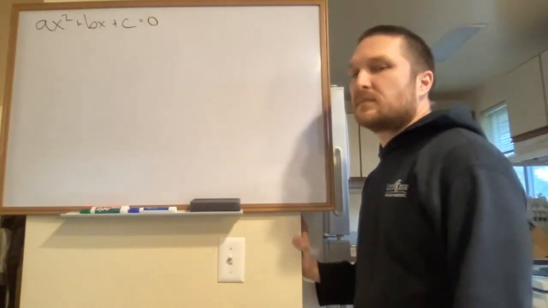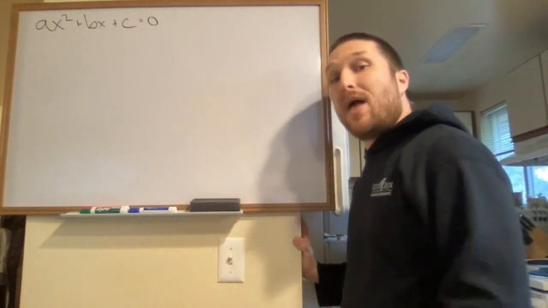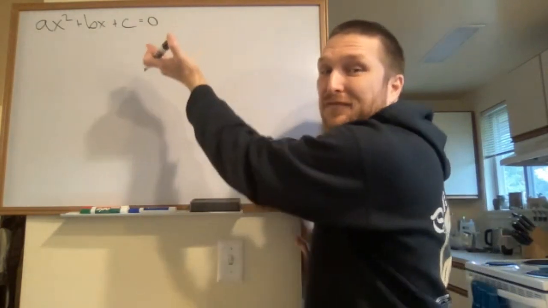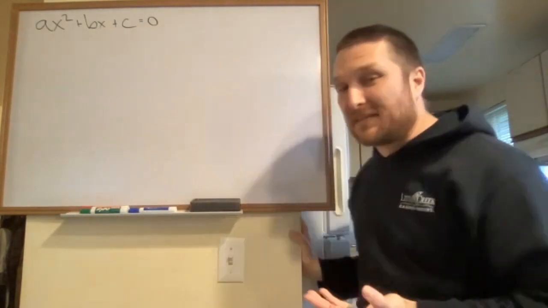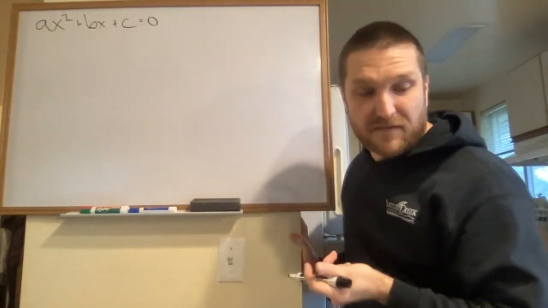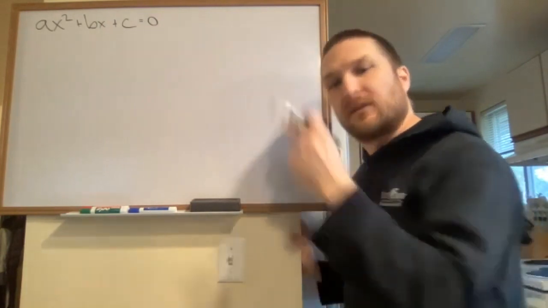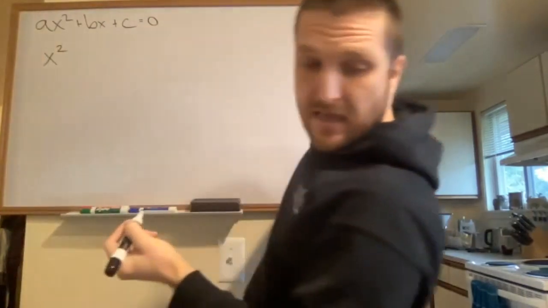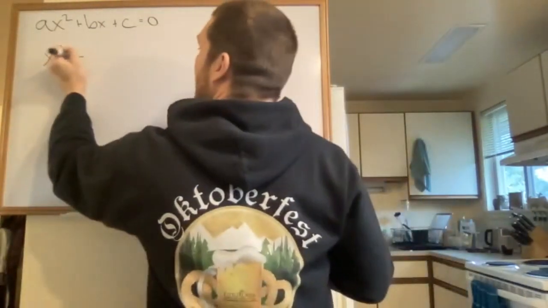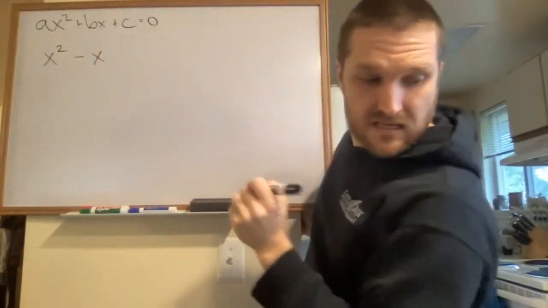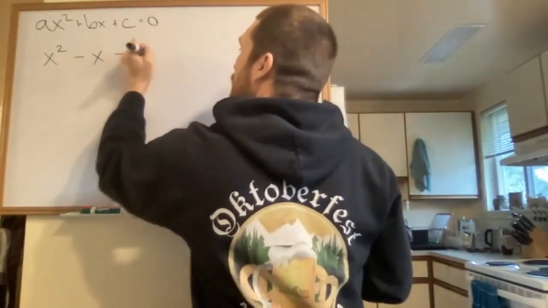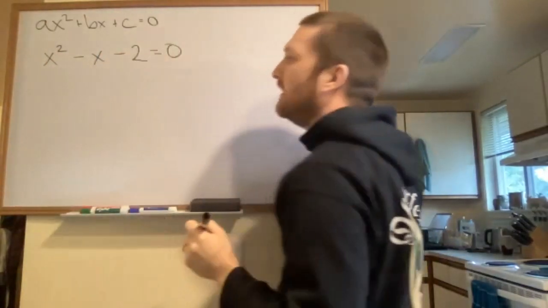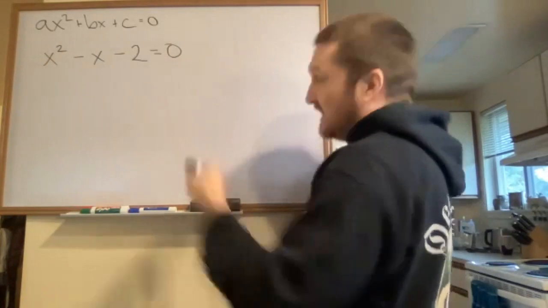Now, we know some special cases. When you're given something that you can factor, then we can factor it. Here's an example. If we said that A equals 1 and B equals -1 and C equals -2, we could take that and factor it because it is factorable.